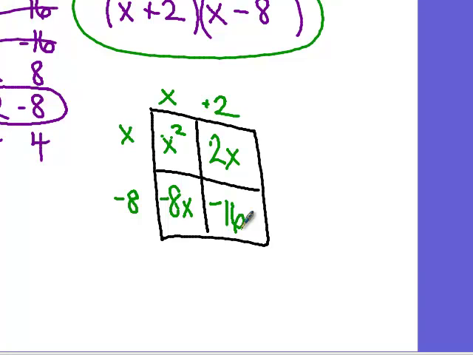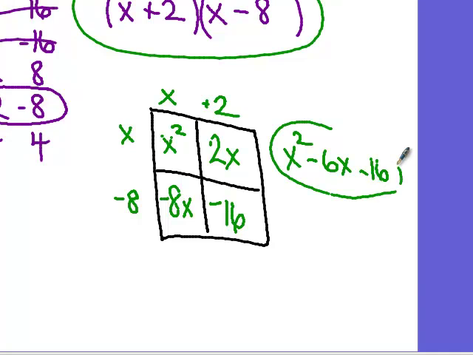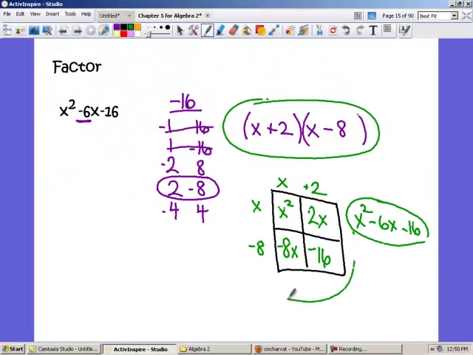And what you need to do is write your x squared first. You add these together, which will give you negative 6x and negative 16. And you can tell that this quadratic function matches the one they gave us, so we did it correctly.